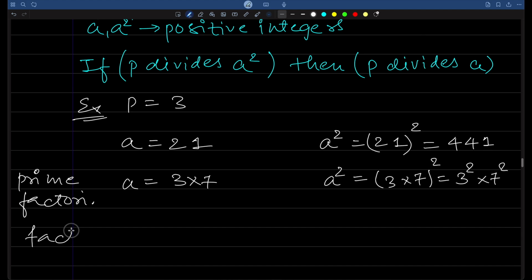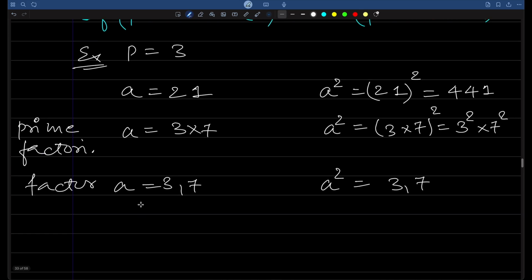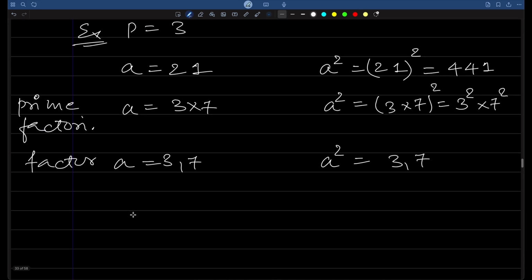The factors of A are 3 and 7, and the factors of A square are also 3 and 7. Now we need to check whether P divides A square or not. 21 square is 441.